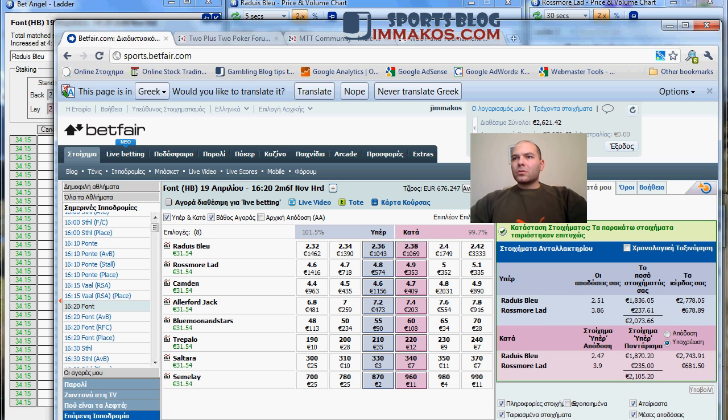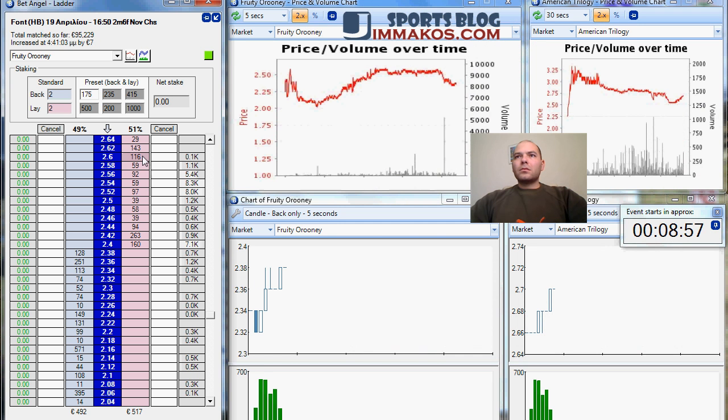Moving on to the second horse race I have recorded. I'll pause the video. The graph of the first horse has been uptrending, but the resistance found at 2.6, let's say, was very strong, and the support of 2.5 has been broken.